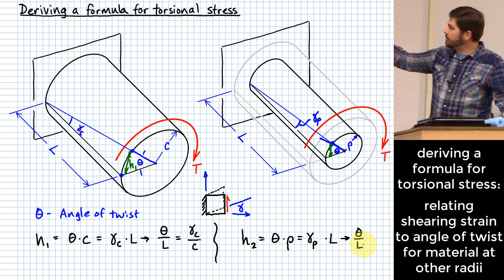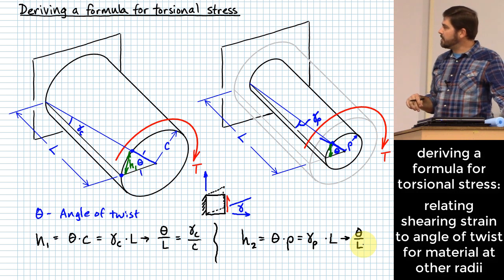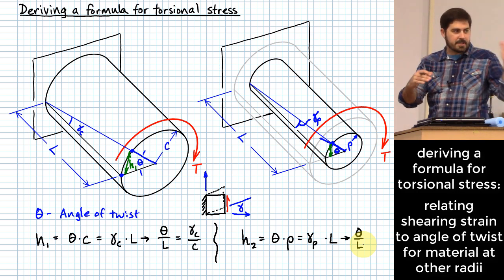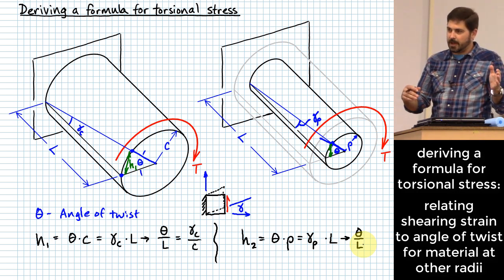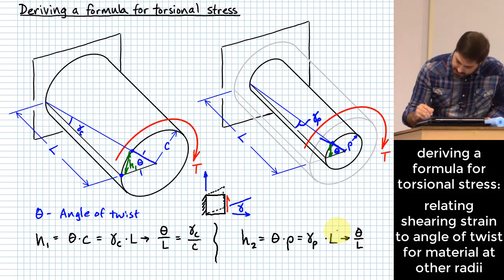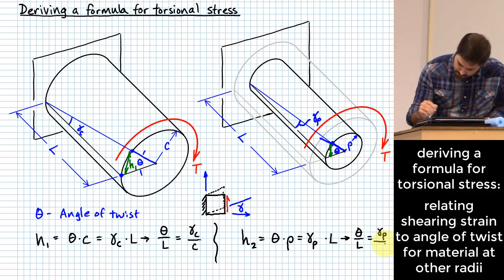All I'm doing here is looking at some other little piece of material that's inside of my original piece of material, and I'm coming up with what's my shearing strain at that location as opposed to the outer surface. Okay? So this just means that this is equal to gamma sub rho over rho.